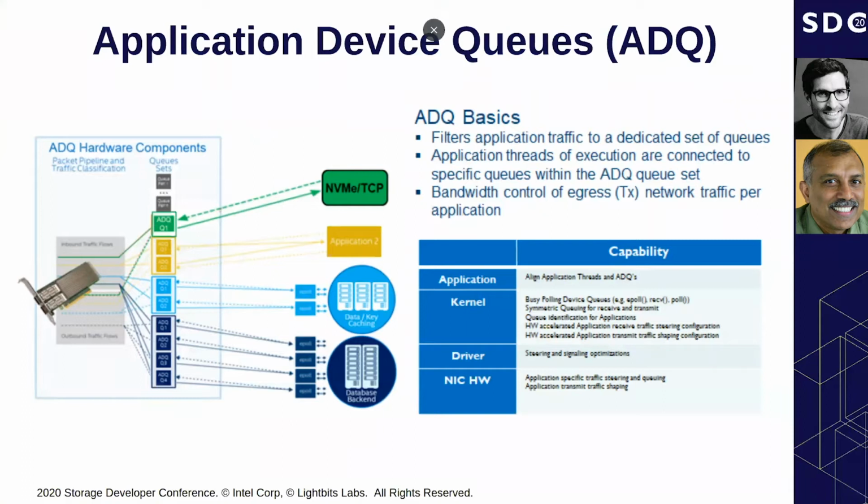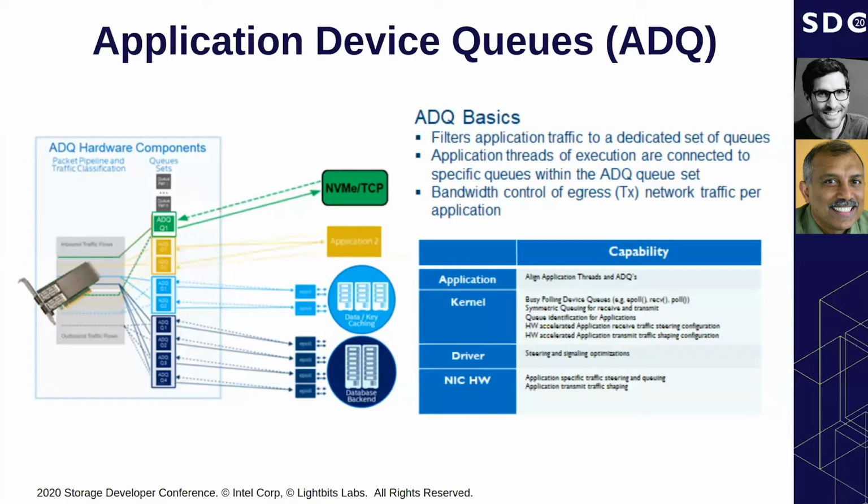ADQs build on a long and existing history of advanced queuing and steering technologies by bringing a strong application focus into the picture. As shown on the graphic on the left, ADQ provides applications isolated and dedicated queue sets that create express lanes for traffic to get to and from an application.